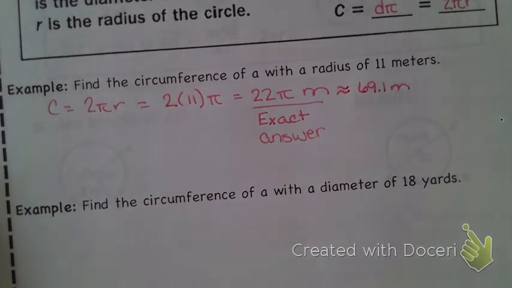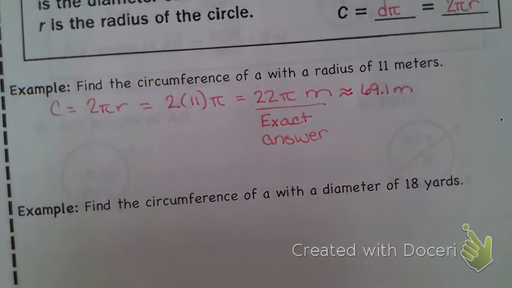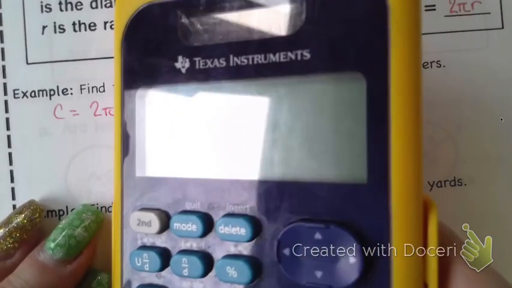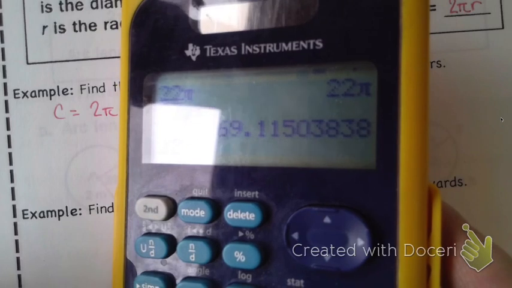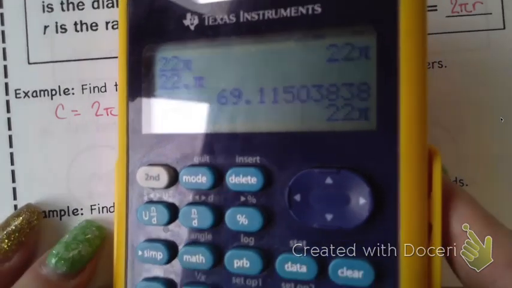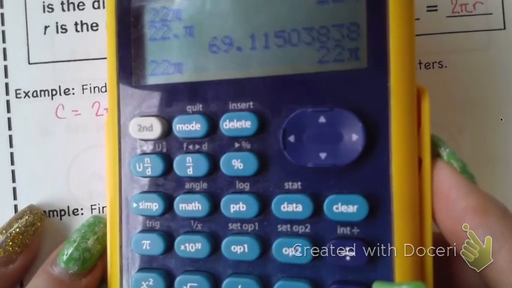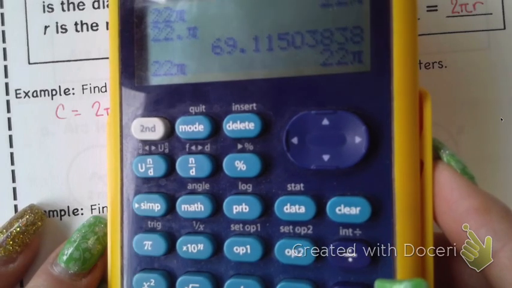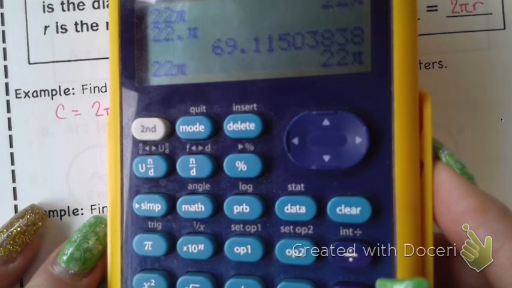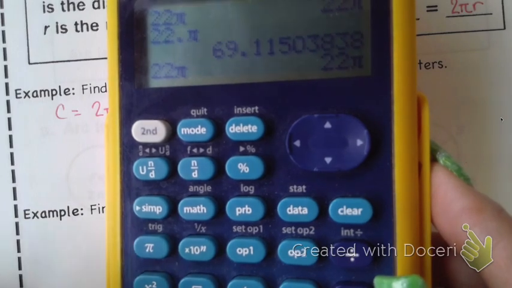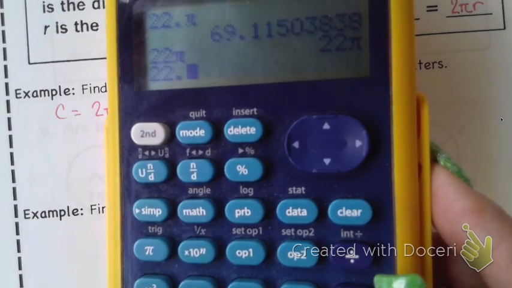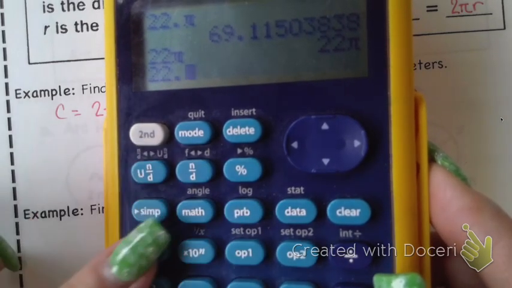Now, if I'm putting this 22 pi in my calculator, I'm using one of these yellow ones. I hit 22 pi, and watch what it gives me. What did it give me? 22 pi. That didn't give me an approximate answer, did it? So the easiest way to fix that is if you put 22 point, like a decimal, and then hit pi.